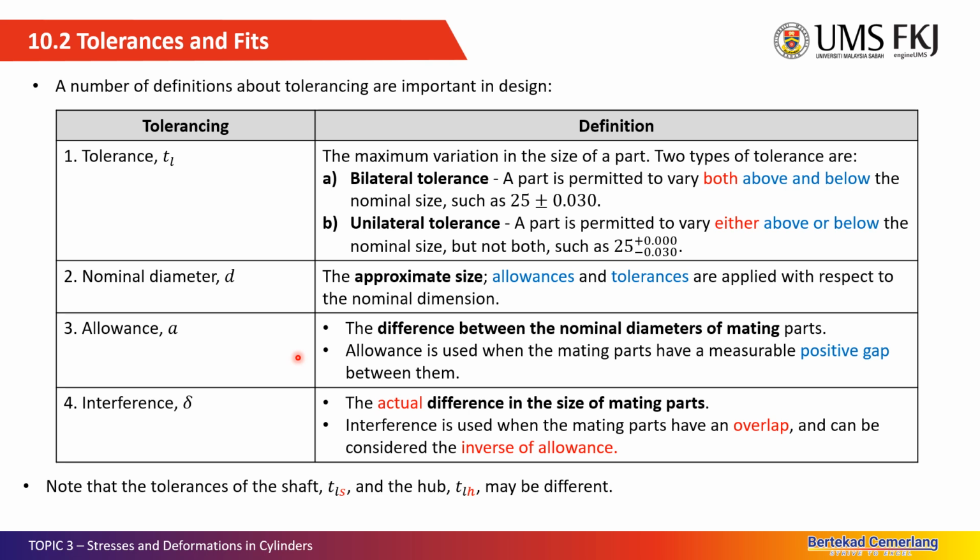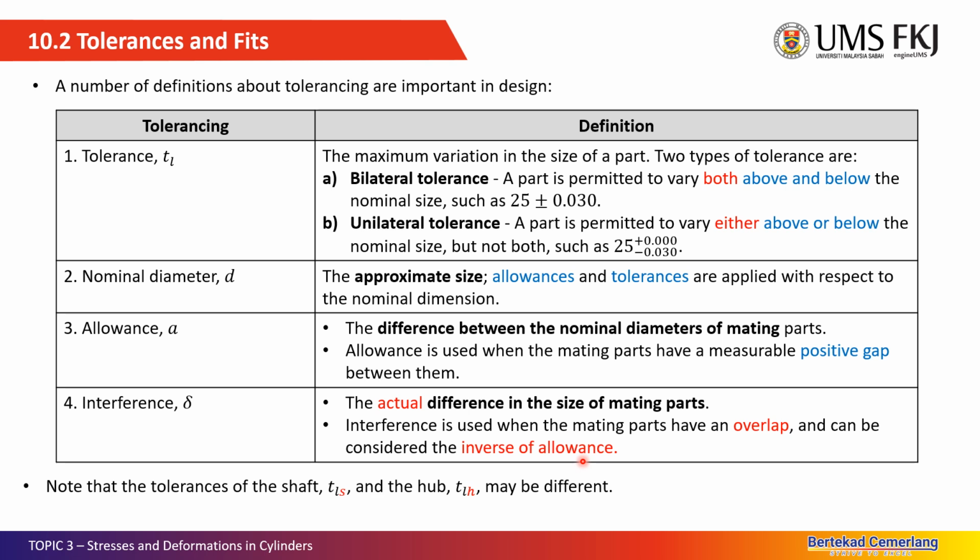While the inverse of the allowance we call interference. It is the actual difference in the size of mating parts. Interference is used when the mating parts have overlap and can be considered the inverse of the allowance. It means sometimes the male mating part for the female, the male is bigger than the female.